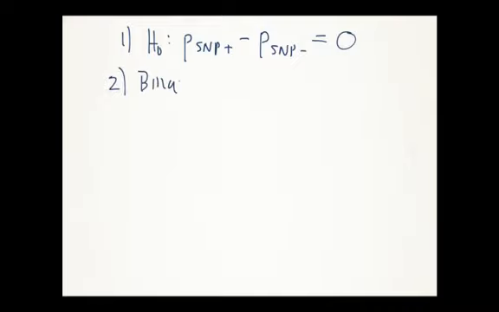Our first step is to write the null hypothesis, and that is the proportion of patients who experience progression among those who are SNP positive is the same as the proportion who experience progression of disease among those who are SNP negative. So in other words, one minus the other is equal to 0. The type of data that we have is a binary or dichotomous outcome.